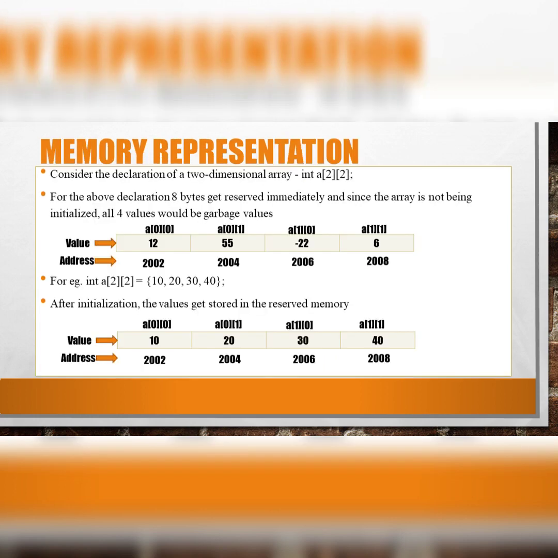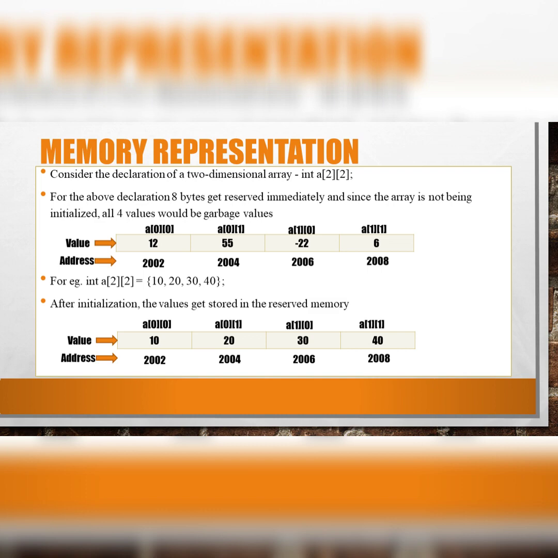Let us now see how a two-dimensional array is represented in the computer's memory. The declaration int A[2][2] reserves 8 bytes immediately for storing 4 different integer values.